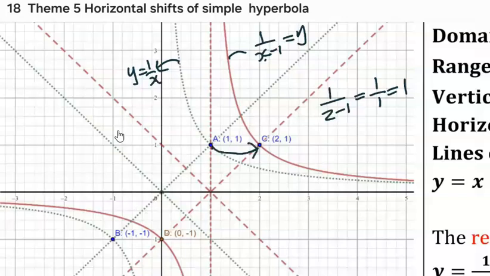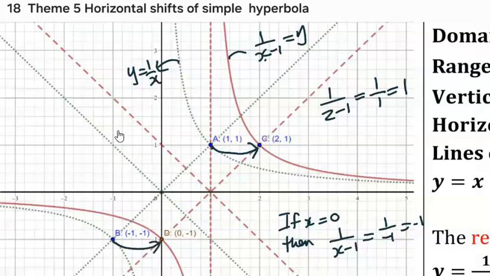If x is equal to 0, then 1 over x minus 1 is equal to 1 over minus 1, which is minus 1. So that is why that value becomes this value there. Everything just moved 1 unit to the right, and it comes from the p value there.